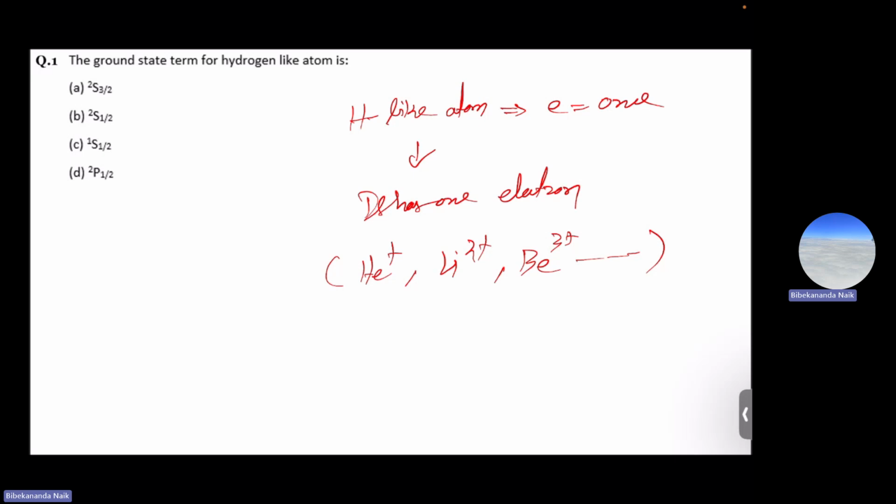So now let's discuss. Hydrogen like atom, like already said, means one electron, and it is present in the ground state.